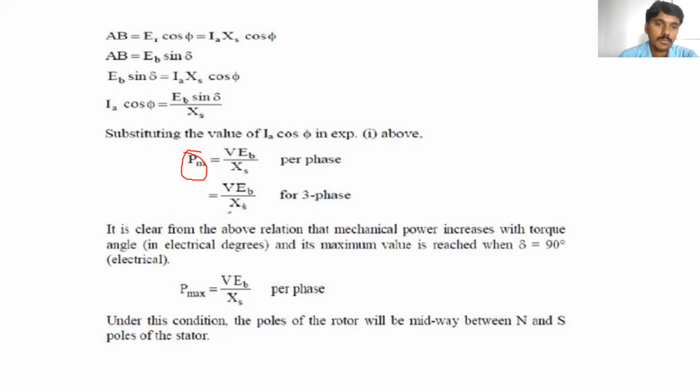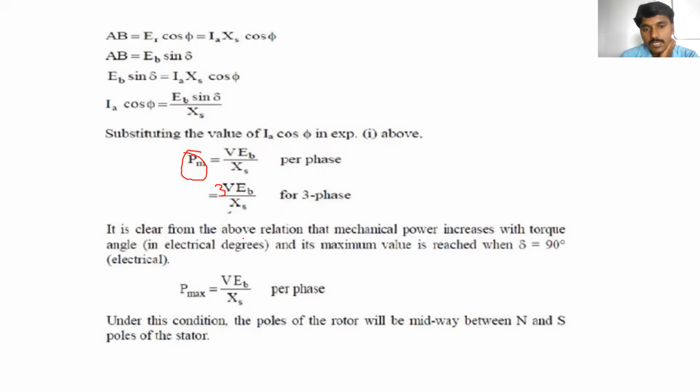This is per phase, and for 3 phase it is 3 into V Eb upon Xs, for a 3 phase circuit.